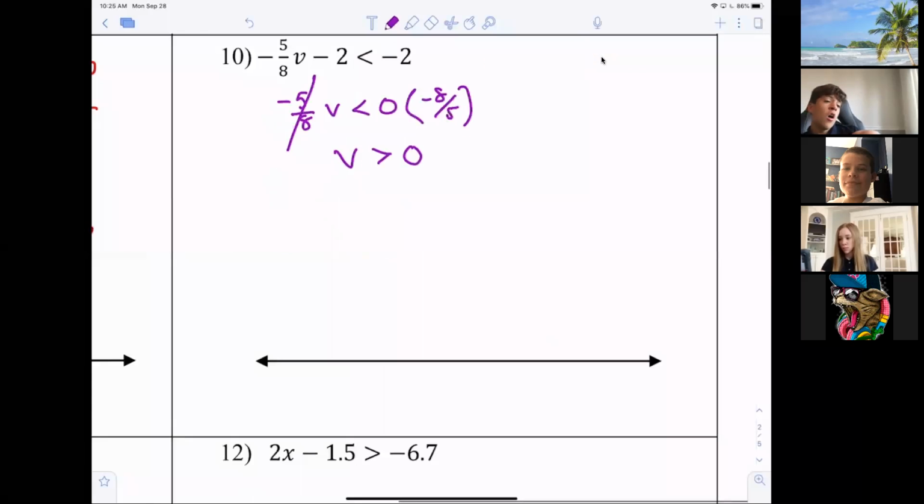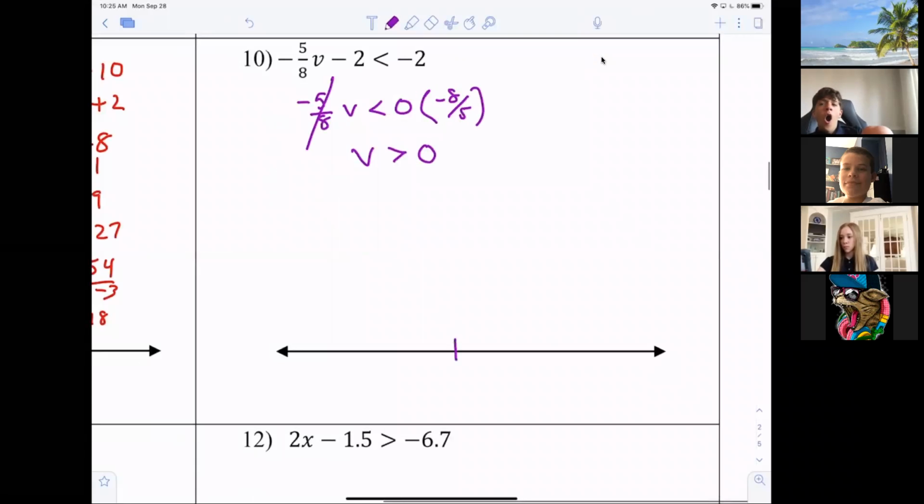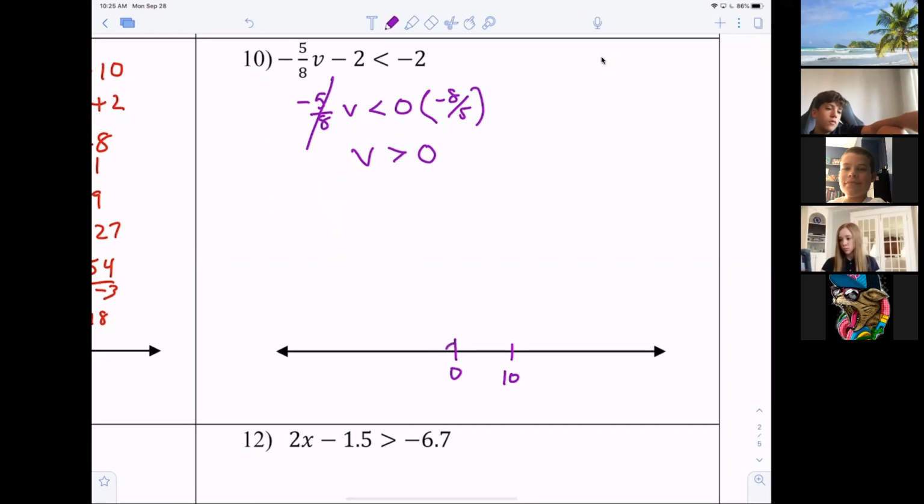All right? So now if I'm greater than 0, does it matter what number I put? Greater than, what kind of dot? Open. Which way am I shading? Right.